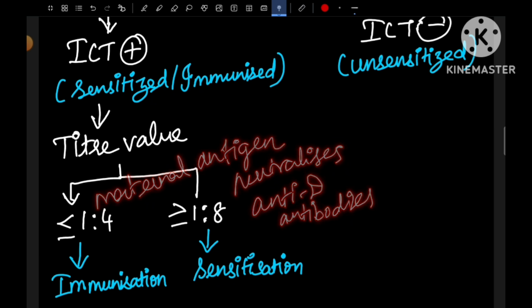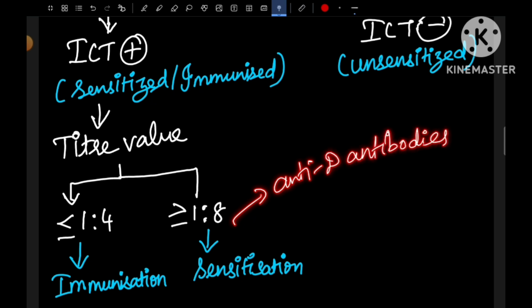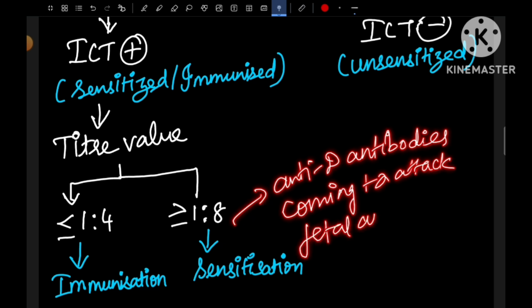But in sensitization, the anti-D antibodies are produced in large numbers, so that the maternal antigens are neutralized and they come to attack the fetal antigens.